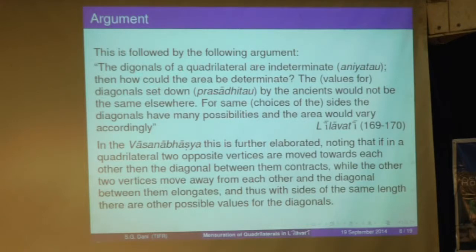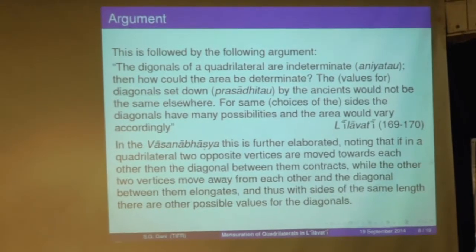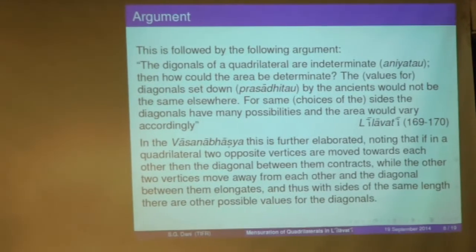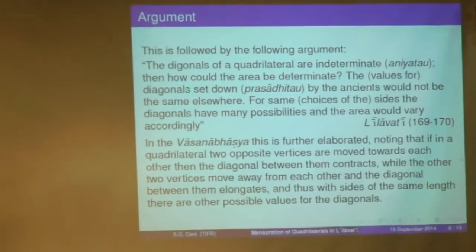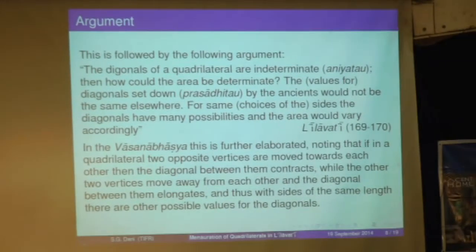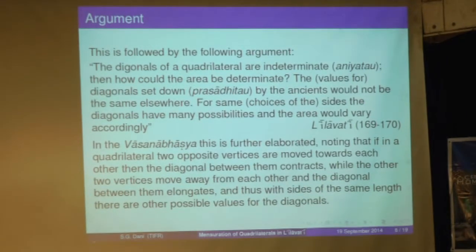That sentence is followed by the sutra which says the diagonals of a quadrilateral are indeterminate, aniyatau. Then how could the area be determinate? In other words, the values of sides do not determine the quadrilateral, then how can you ask for it? How can the area be determinate?